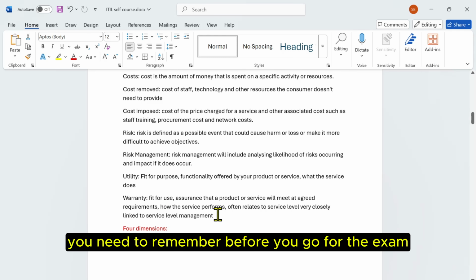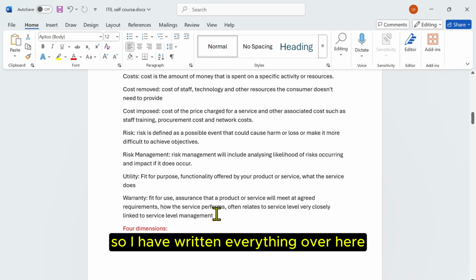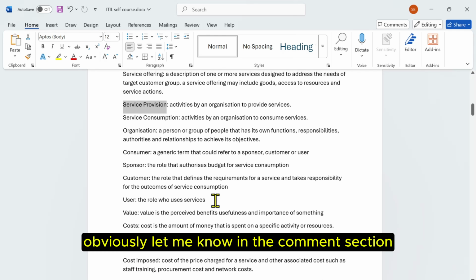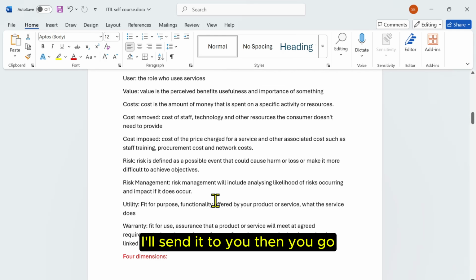These are the definitions you need to remember before you go for the exam. I have written everything over here. If you need this file, let me know in the comment section and I'll send it to you.